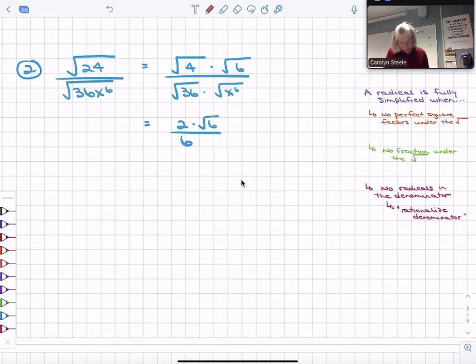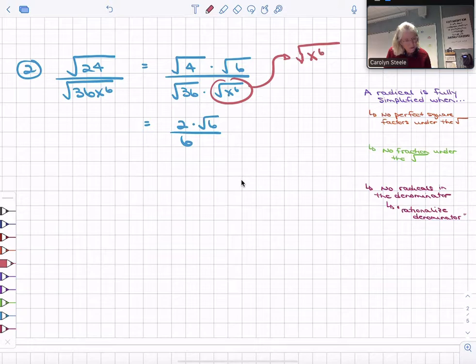I'm going to take this up and make this a little side problem. I can think of x to the 6th as the same as x to the 3rd times x to the 3rd. When I multiply powers with the same base, I add the exponents.